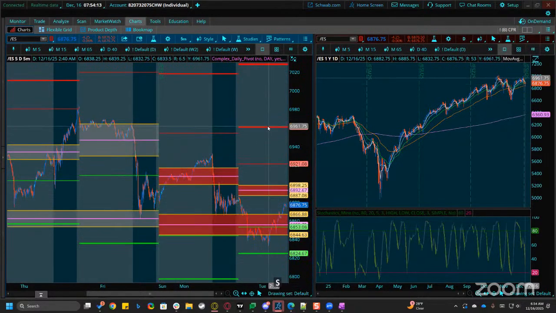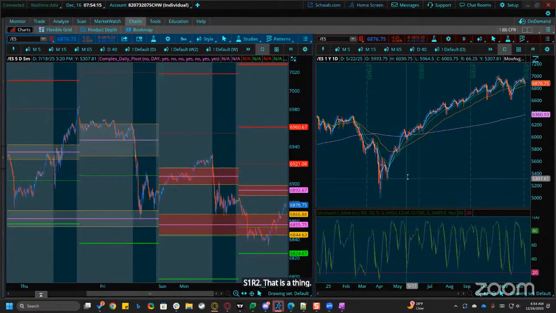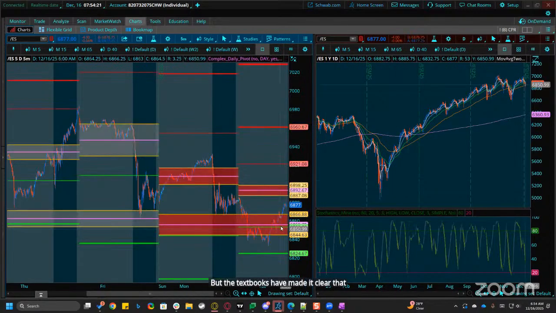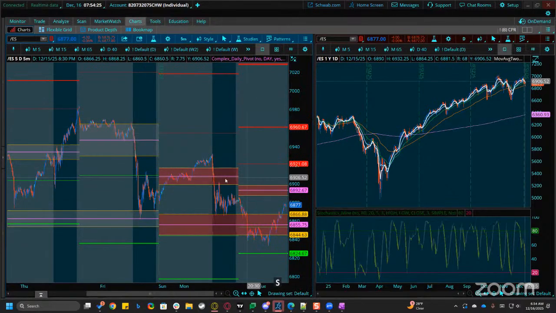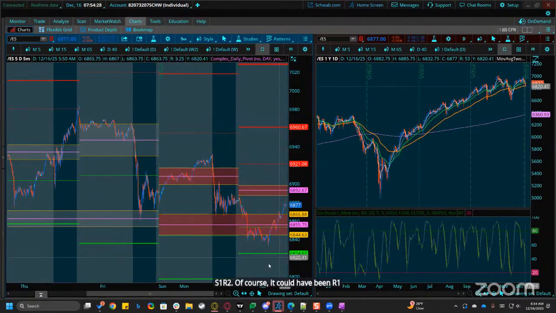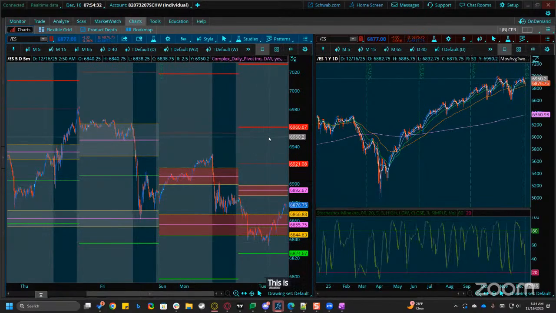S1, R2, that is a thing. Now, it doesn't owe us that, but the textbooks have made it clear that it's common enough that they talked about it, right? So S1, R2. Of course, it could have been R1, S2. It doesn't matter. But we went down, so we're looking up. This is not about bullish and bearish. This is just waveform. Right?